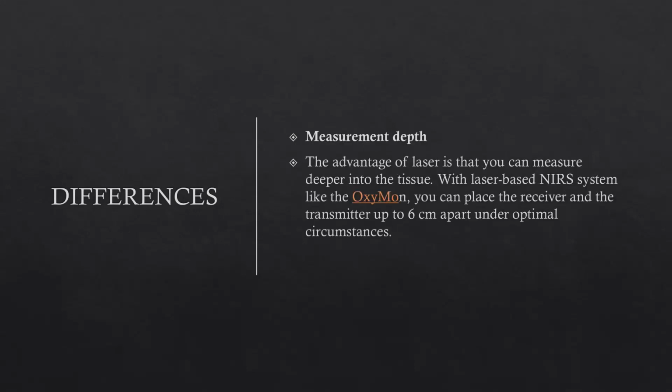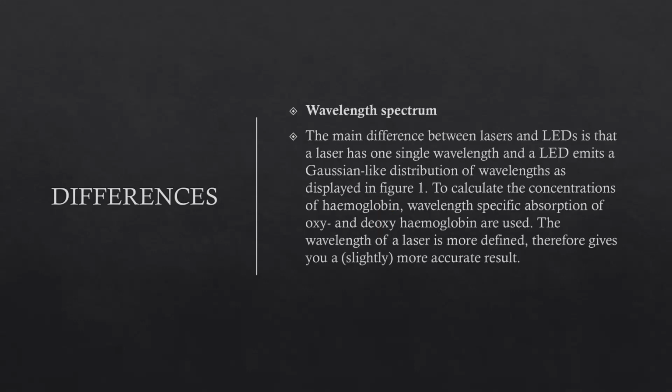Measurement depth. The advantage of the laser is that you can measure deeper into tissue. With laser-based NIRS systems like the Oxymon, you can place the receiver and the transmitter up to 6 centimeters apart under optimal circumstances. Wavelength spectrum.